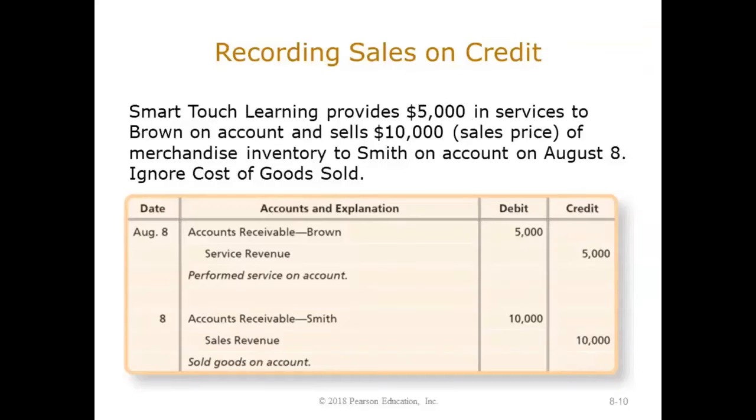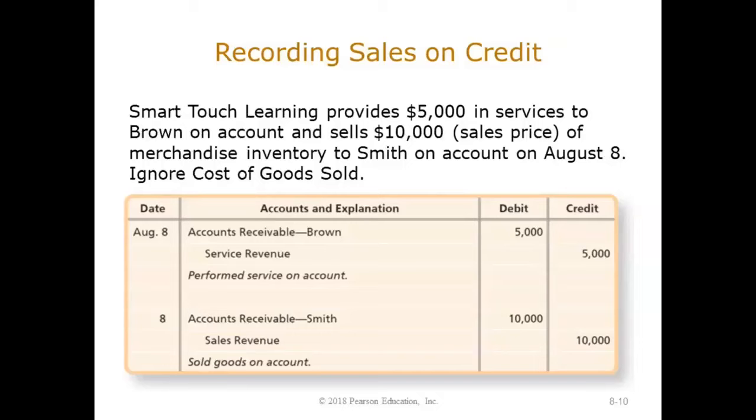Now, recording a sale on credit, here's what you're going to do. Smart Touch Learning provides $5,000 in services to Brown on account and sells $10,000 sale price of merchandise inventory to Smith on account as of August 8th. So really, you've got two sales transactions here, one for Brown and one for Smith.